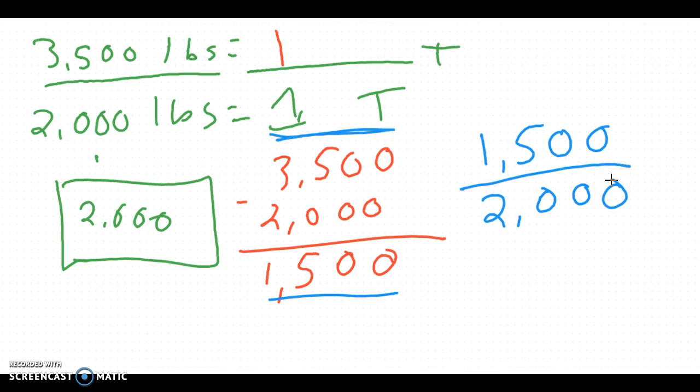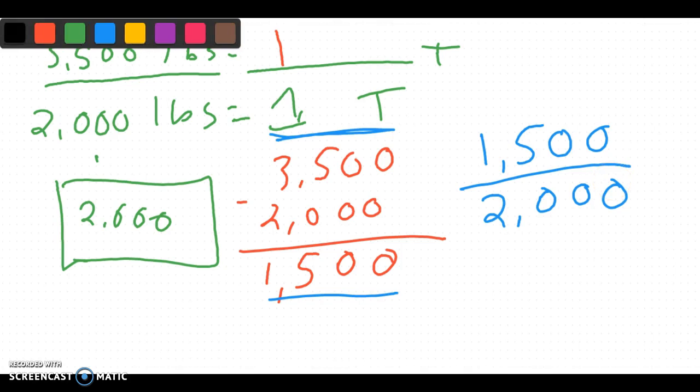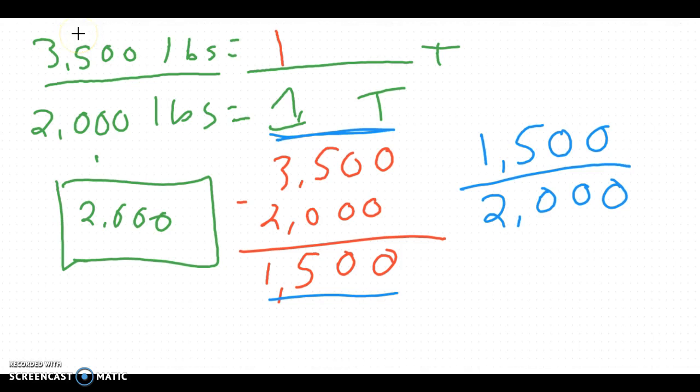Then I would need to simplify. I have zeros at the end of my fractions. So to simplify, I can divide by 10 or divide by 100. So I'm going to mark out my zeros.